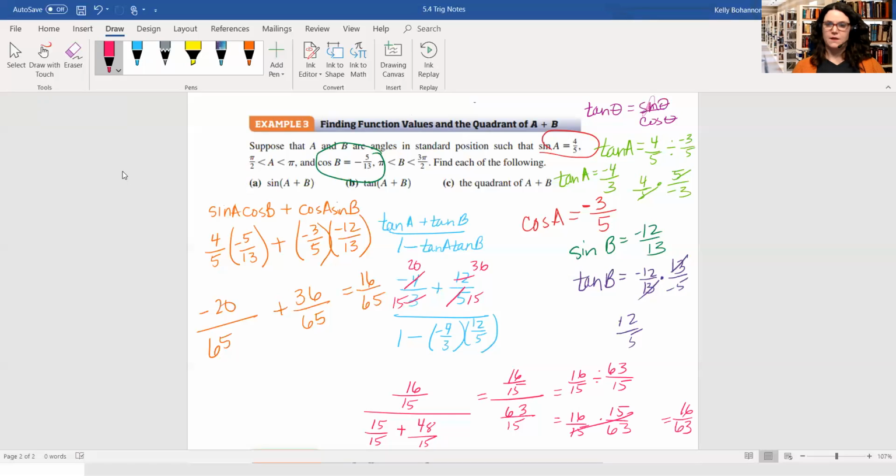I know that sine of A plus B came out to be positive, and tangent of A plus B came out to be positive, which means if tangent is positive and sine is positive, that means cosine also has to be positive. And that means that it is quadrant 1.